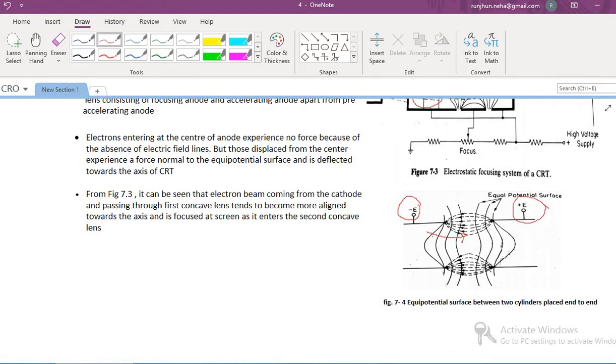So the electric field lines are from right to left. The electron is going to experience a force from left to right, that is towards the screen, and it will also get deflected in a direction perpendicular to these equipotential surfaces.